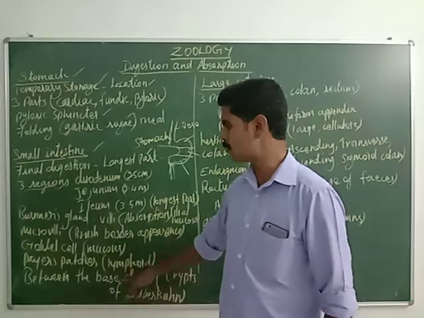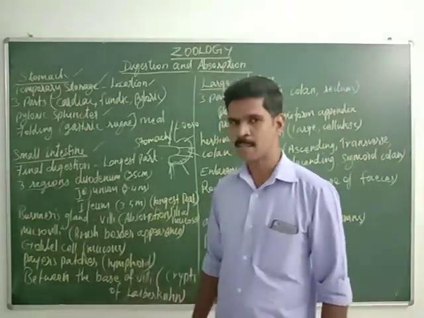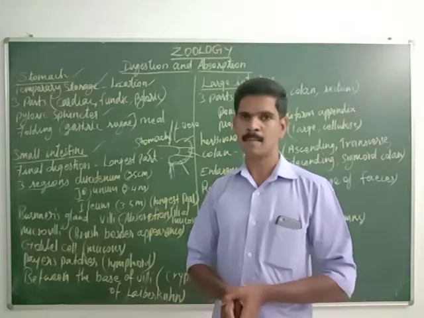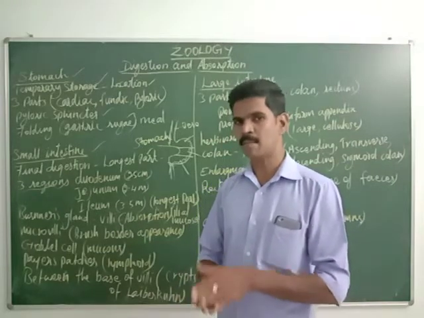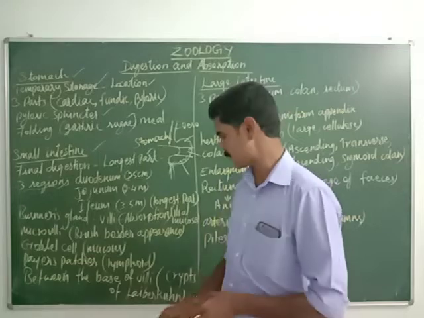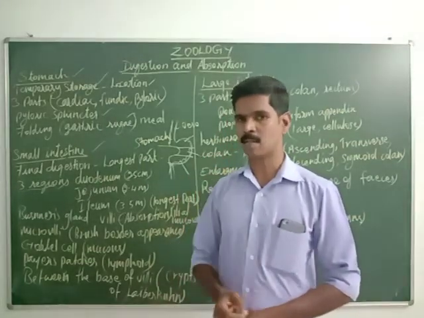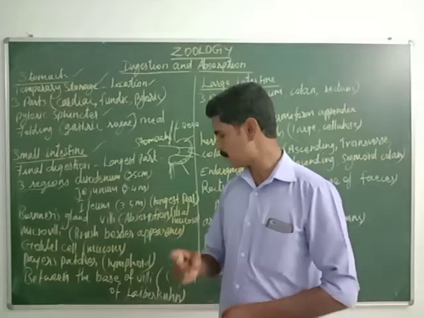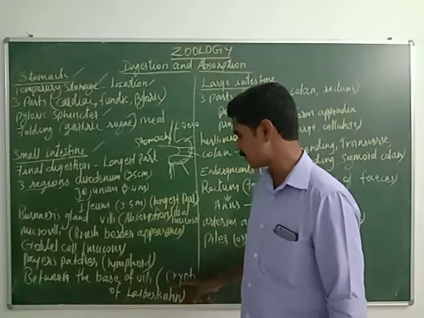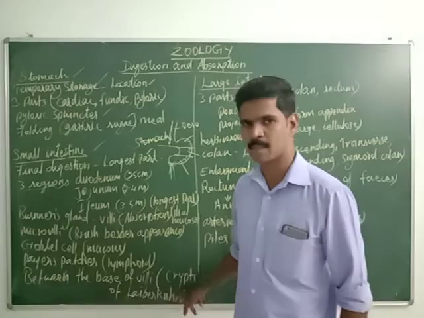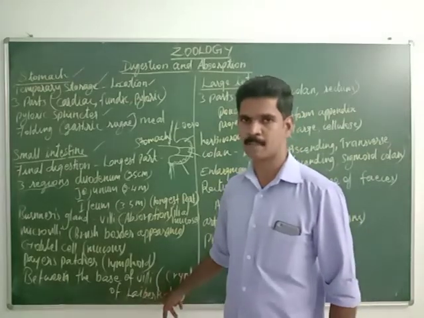The last point about the small intestine: in the wall of the small intestine, between the bases of the villi, there are many small hidden pits. These are called crypts of Lieberkühn.